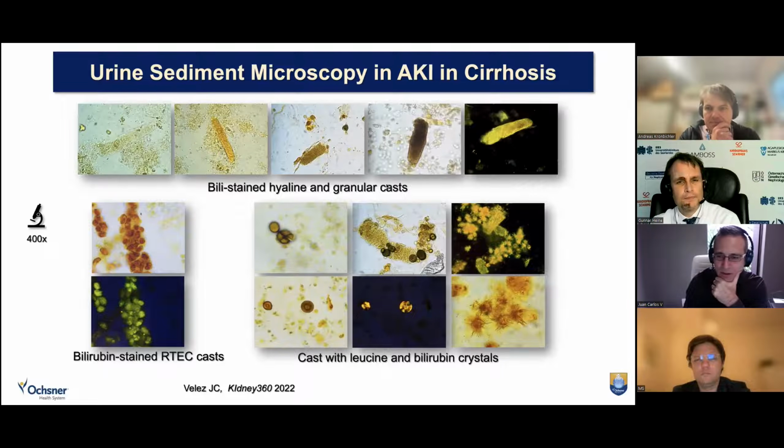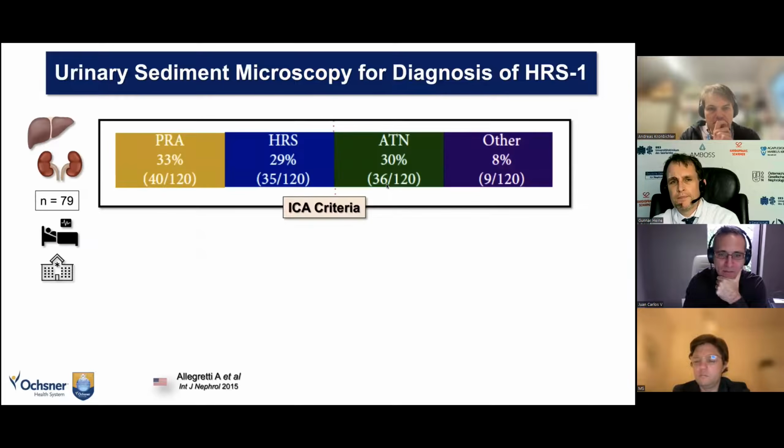Here are also bilirubin crystals to the right side in dark field, as well as bright field. So bilirubin and leucine crystals can be present as well, and we have to recognize them and not confuse them with other structures.